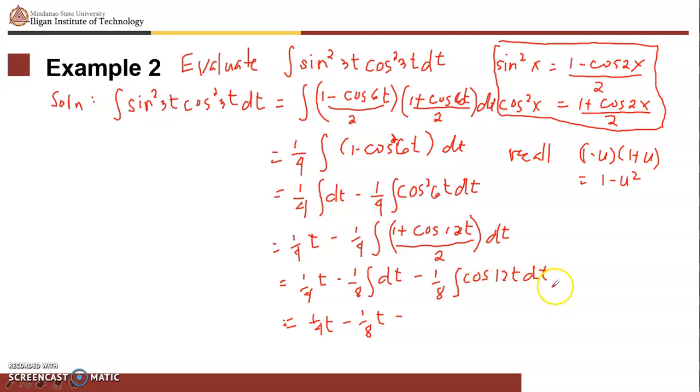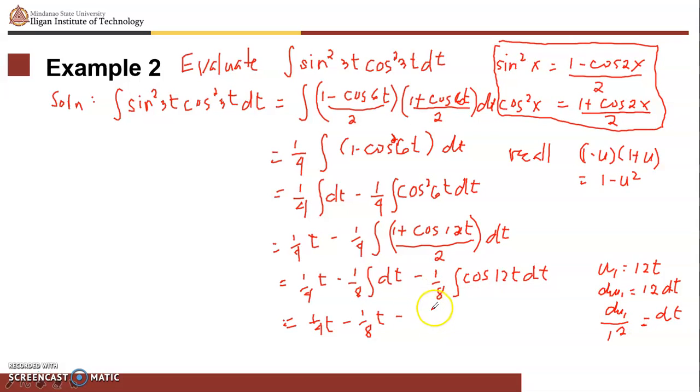So if you let your u sub 1 here be equal to 12t, then your du sub 1 should be equal to 12 dt. But because we only have dt here, du sub 1 over 12 is equal to your dt.